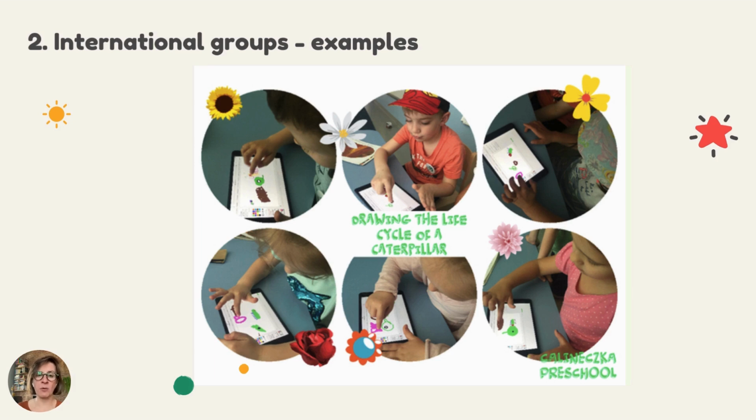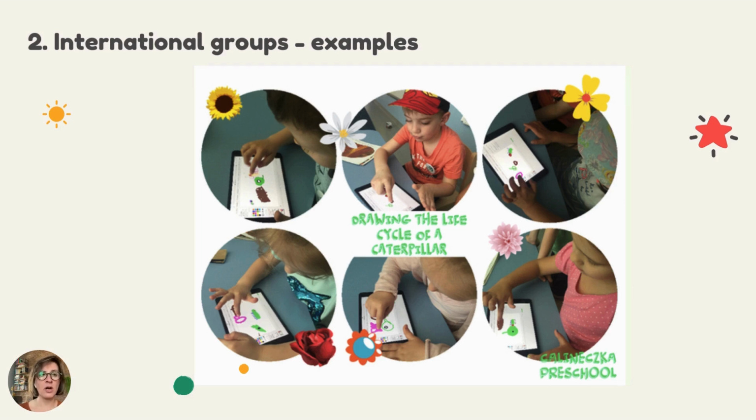So group A, 1 member from Poland, 1 member from Greece, 1 member from Spain, 1 member from Armenia. Group 2, the same, and so on and so forth. Sometimes it happened that a child had to be a member of 2 groups because the number of our children was different. And each group member had a designated picture to draw.